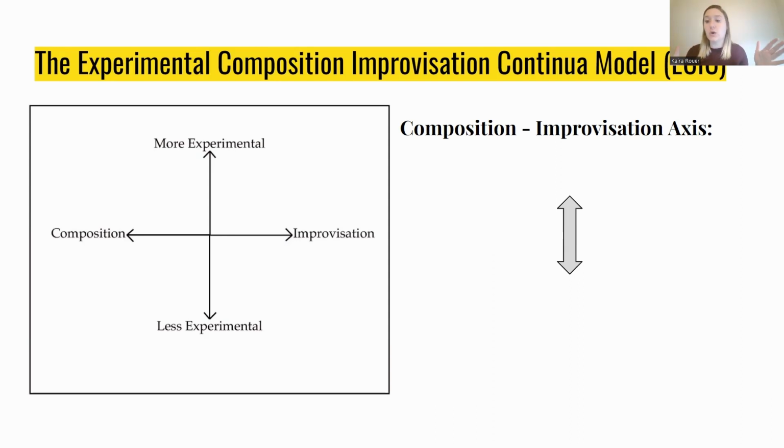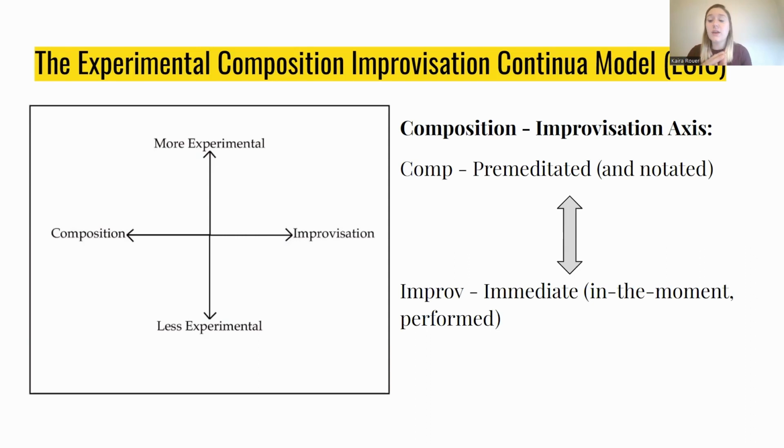So there's a fluid continuum between improvisation and composition, where you can have something that is completely premeditated and notated and used as a blueprint basically, to the other side of the continuum, which is improv.